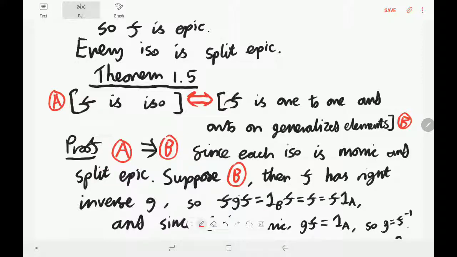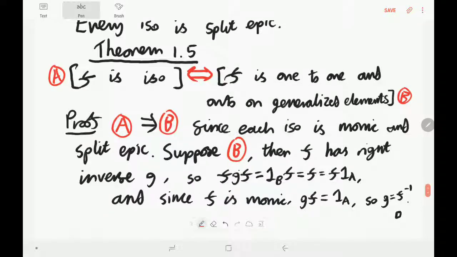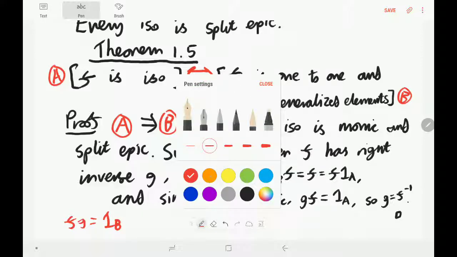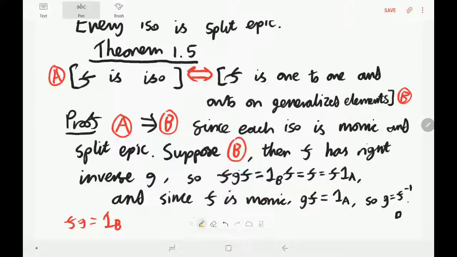Why does B imply A? Well, suppose B. Then F has a right inverse G. So we've got FG is 1B. But we also need the other kind of equation giving an identity arrow.